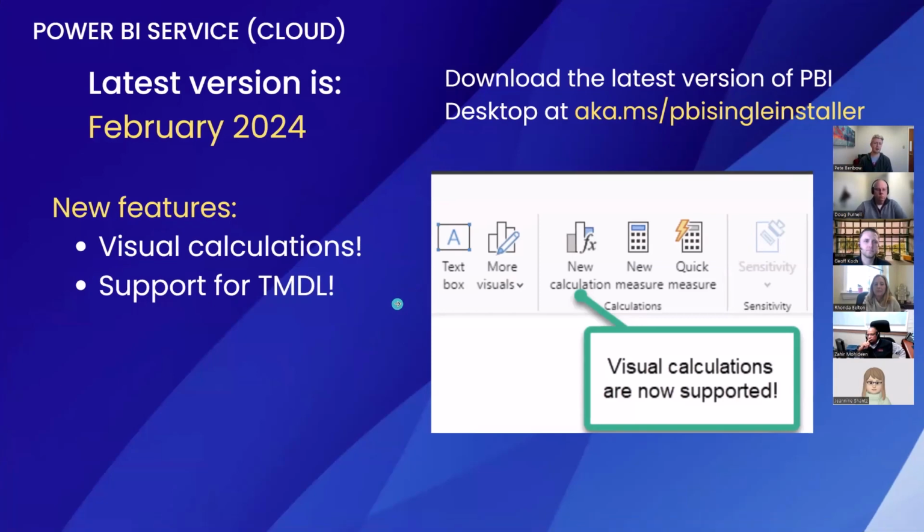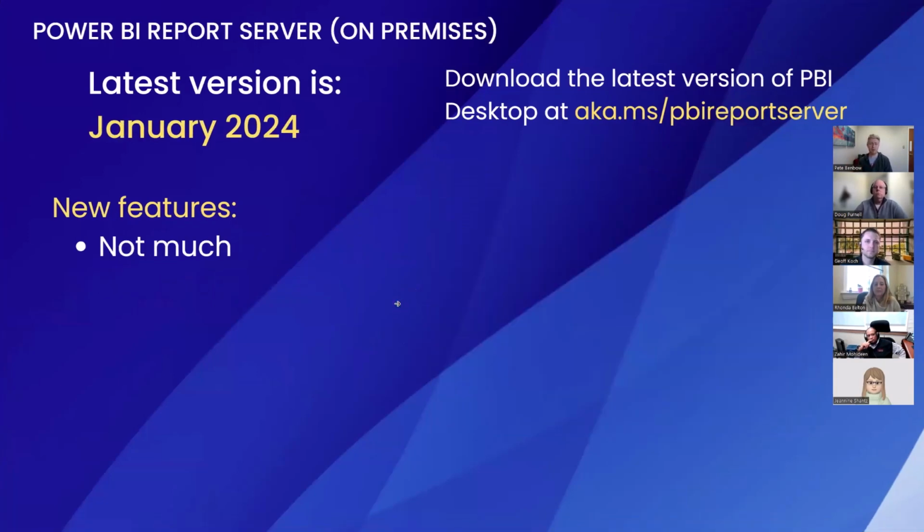I also typically talk about Power BI Report Server. The latest version of Power BI Report Server is January 2024, and the new features I have summarized as not much. Report Server is really kind of just hanging on. They get a couple of small updates a year.